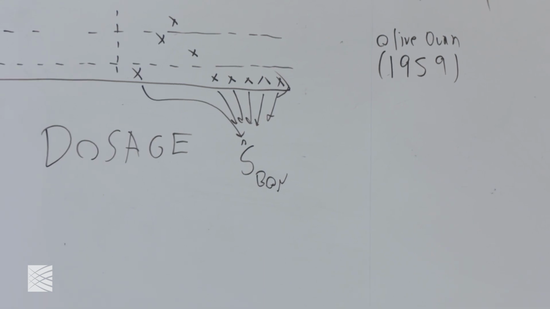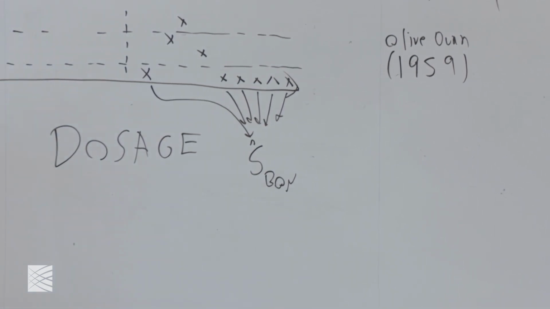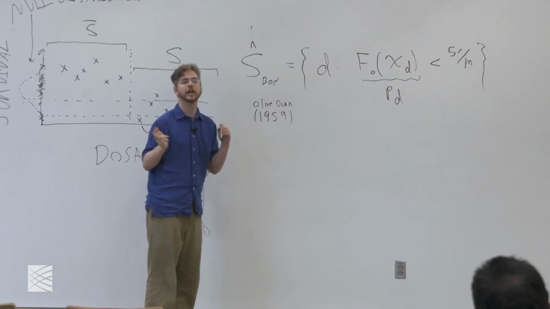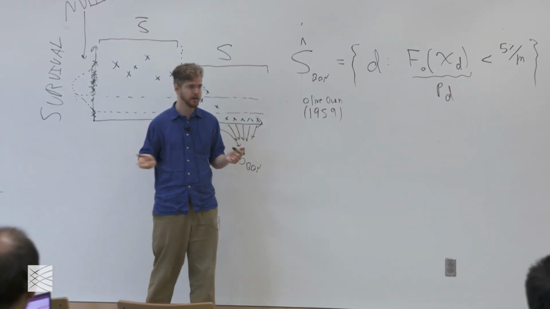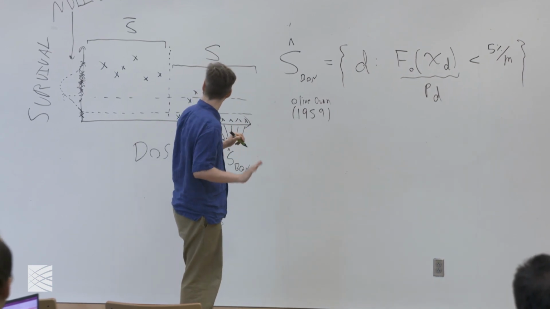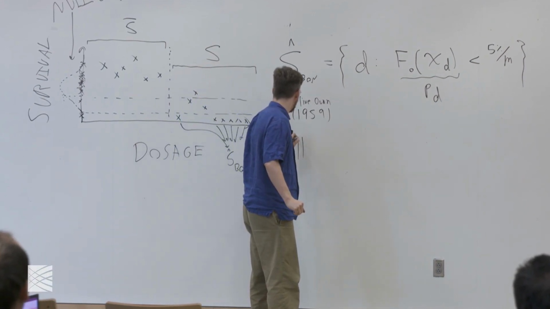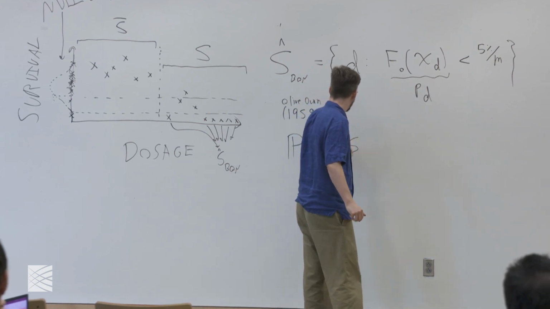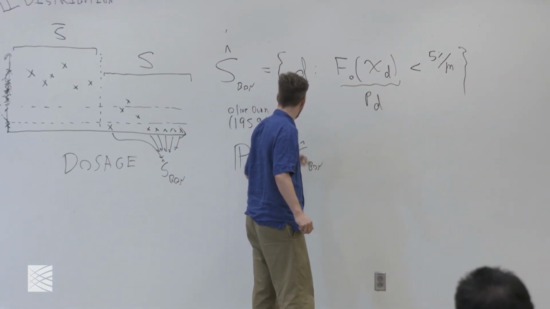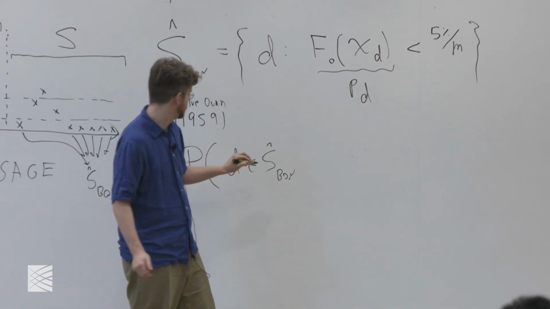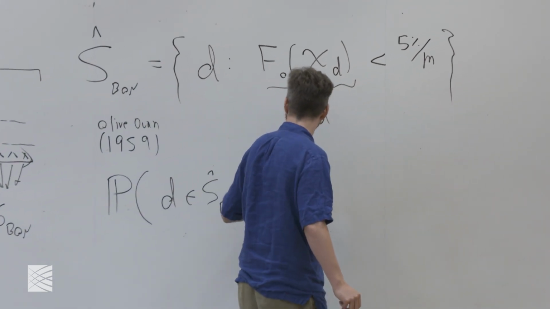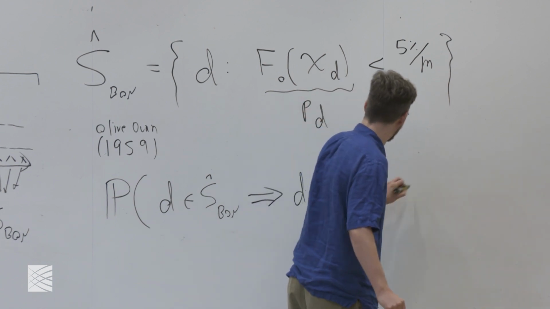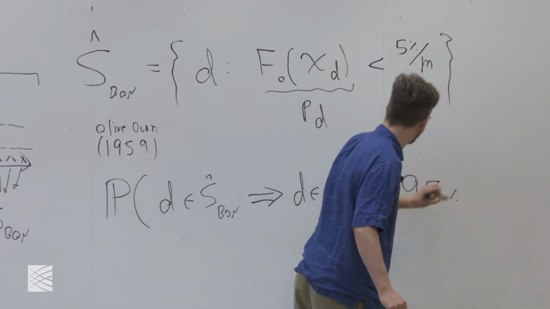Now, why would we want to use this? As Alex mentioned, the nice thing about the Bonferroni estimator is that we're guaranteed that it's going to control our type 1 error. Let's say what that means in this case. For any given dosage that's in the Bonferroni estimator of the set of dosages where there's an effect, most of the time it's in the true set of dosages where there is an effect.